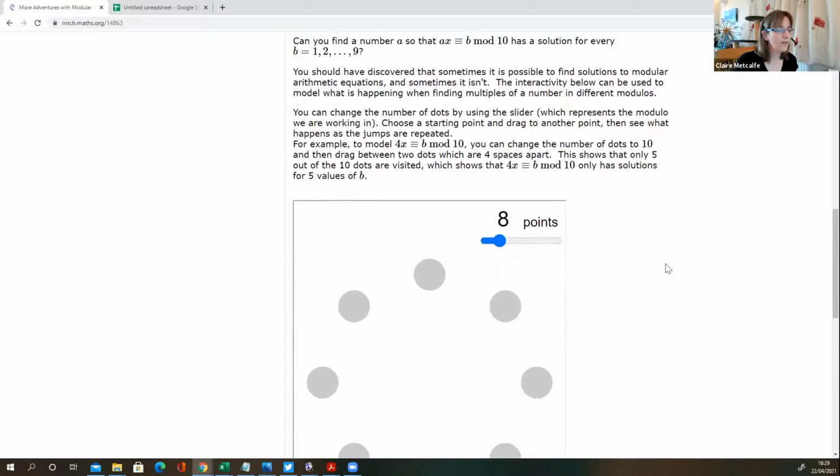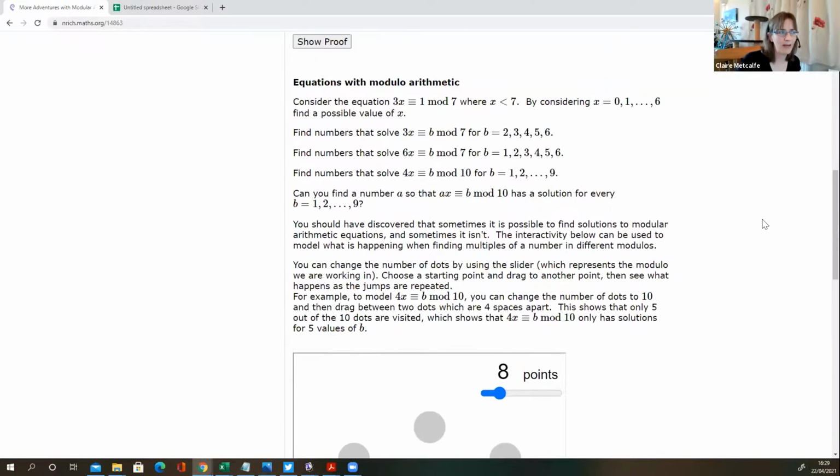Okay, the final part of this problem is talking about equations using modular arithmetic. We get some interesting things happening. So I'm going to start by asking you, if I know that 4 times x is equivalent to 2 mod 10, and we'll say that x has to be in the range 0 to 10, can you solve that equation and tell me what x must be?